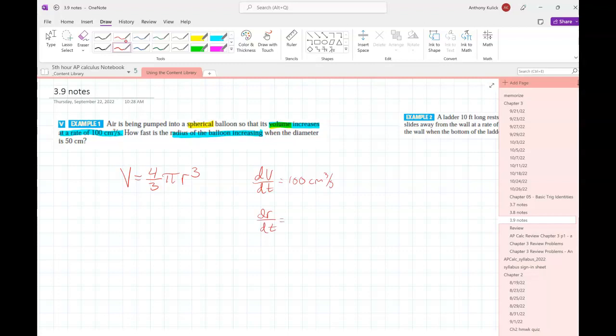That's going to be dr dt. That's what we're going to be solving for. And then we're told that the diameter that we're interested in, actually let's say it this way, dr dt when the diameter is 50. That's probably the better way of writing that.